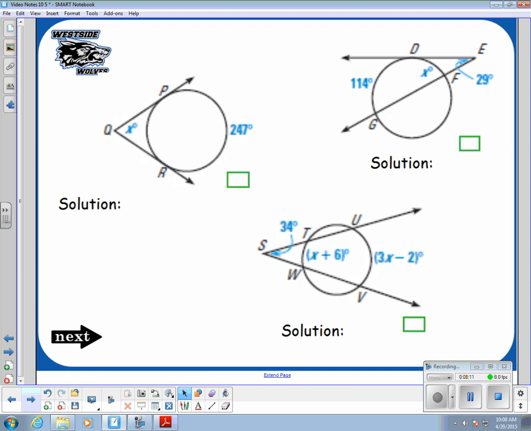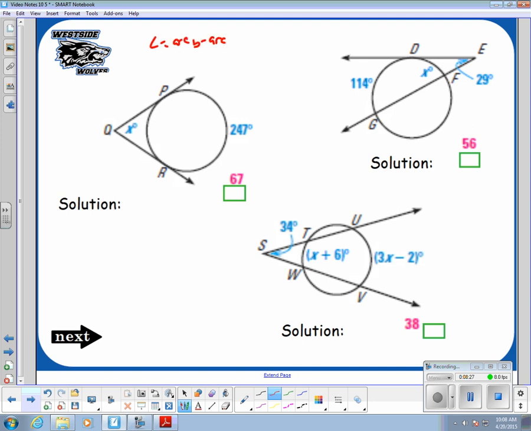Okay, so now that you've started the video back again, let's check your answers, see how you did. And so remember that our setups here should be angle equals arc big minus arc little all over 2 for all 3 of these.